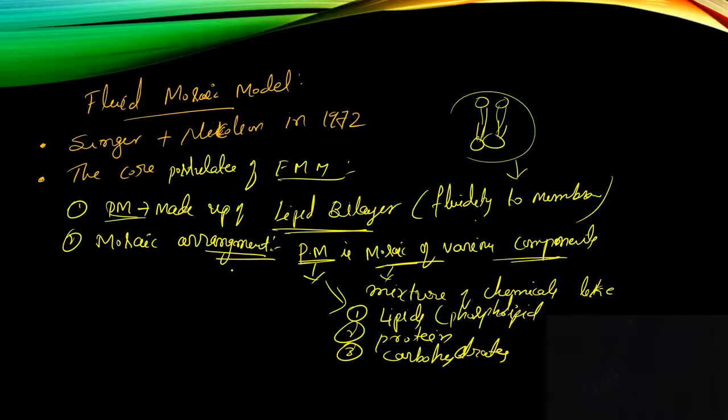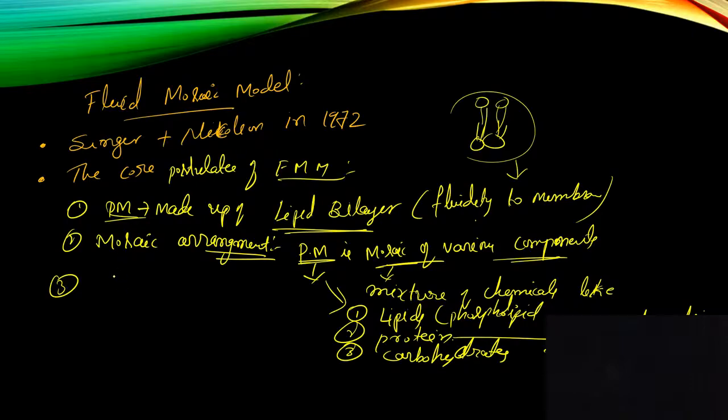Now the integral and peripheral proteins. The next point is the integral and peripheral proteins, which means the protein is in two forms: one is the integral protein form, and another one is the peripheral protein form. Okay.